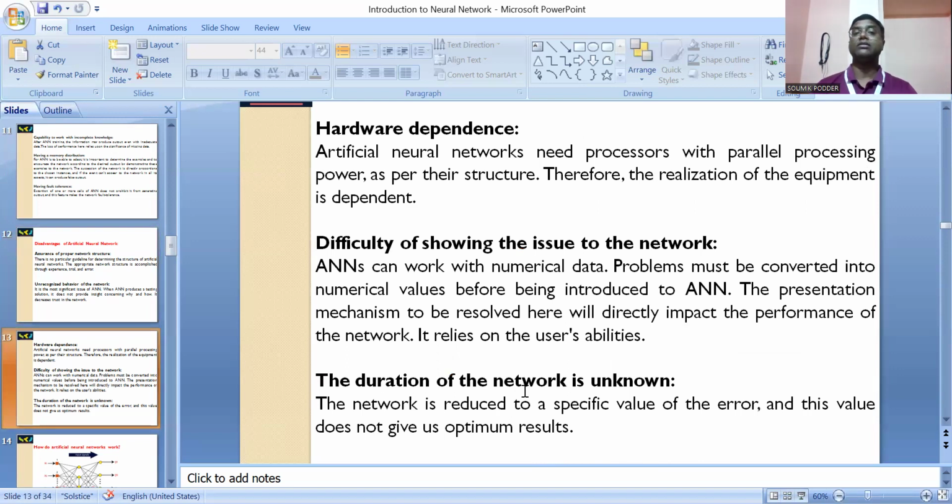Hardware dependence, because an artificial neural network needs processors with parallel processing capability. Difficulty of showing the problem to the network, and the duration of the network is unknown. When the operation will be completed is very difficult to predict because of the presence of numerous hidden layers.